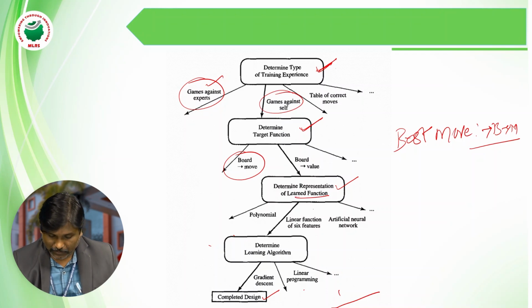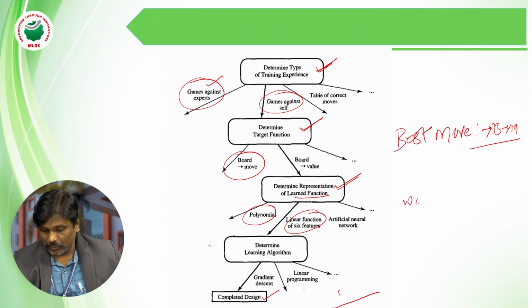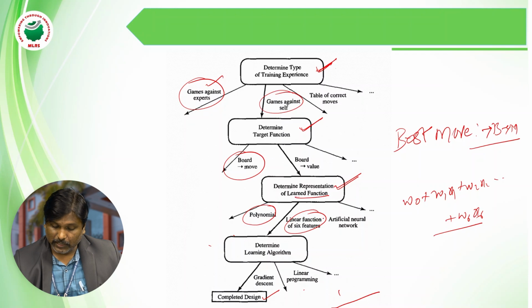Next, determine the representation of the learned function, or the representation of the approximation algorithm. It is done by a polynomial or a set of functions. For 6 values, the function equals w0 plus w1 x1 plus w2 x2 and so on up to w6 x6. That is a linear function of 6 features.